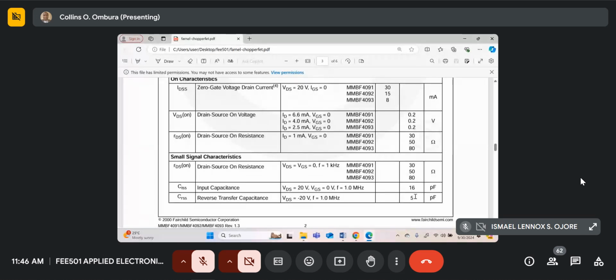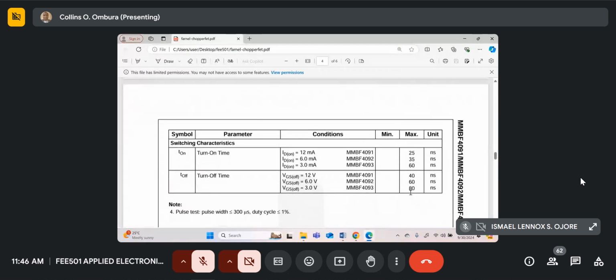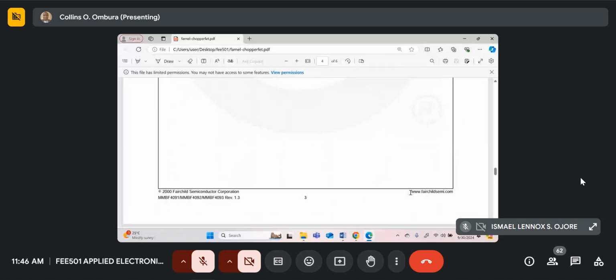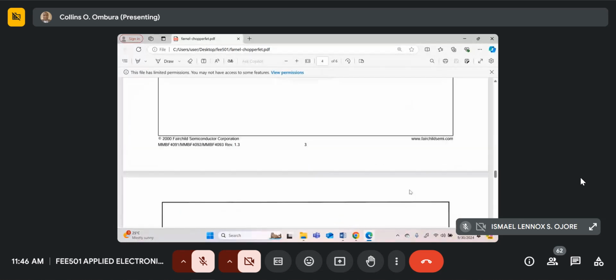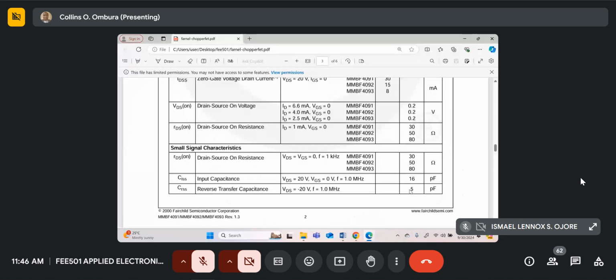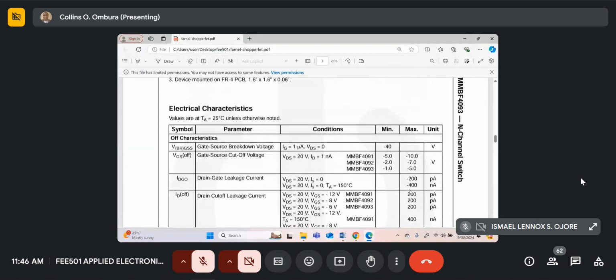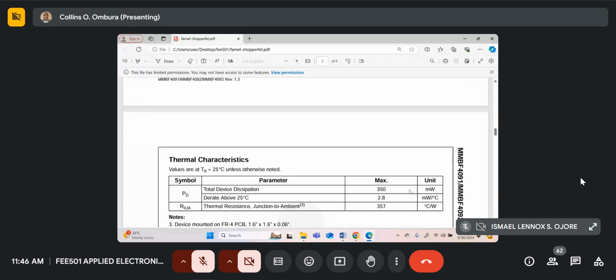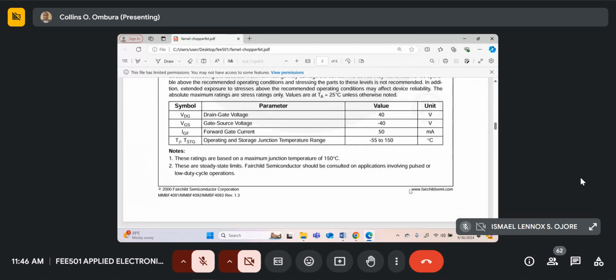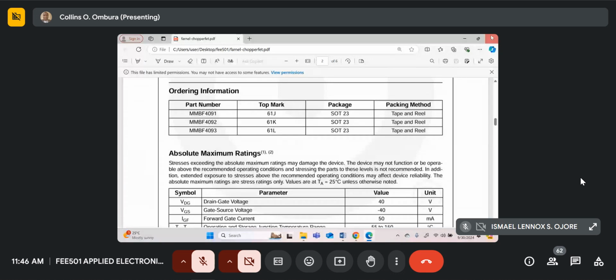That's between the gate and the drain. So here we've gotten two capacitances, 16 and 5. The other capacitance is not given, but it's normally quite small.